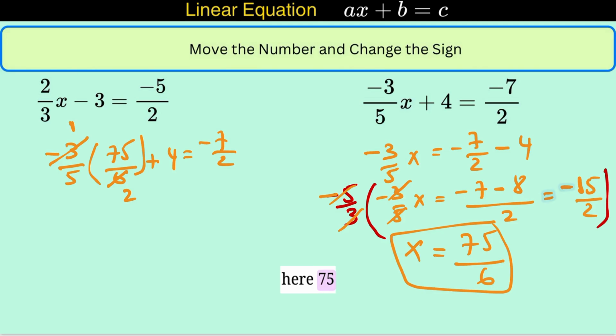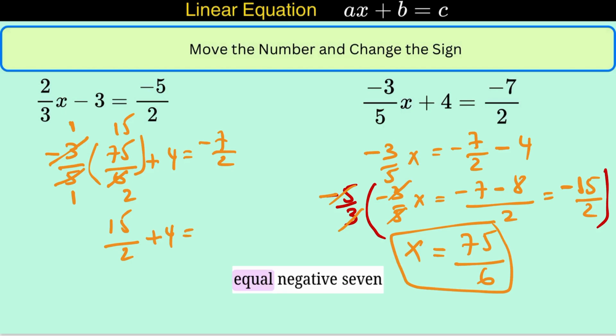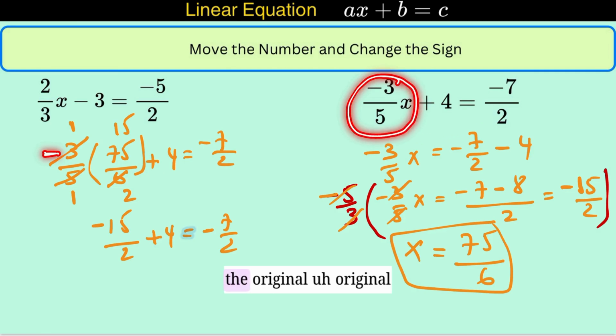Then here, 75 divided by 5 will give me 15, then 5 divided by 5 will give me 1. So here I have 15/2 plus 4 is equal to -7/2. But you get a negative in here. Don't forget the negative. Why? Because we have a negative in the original equation, -3.